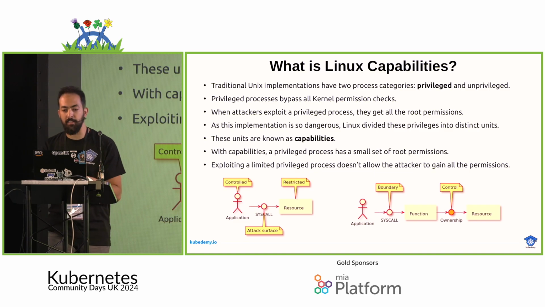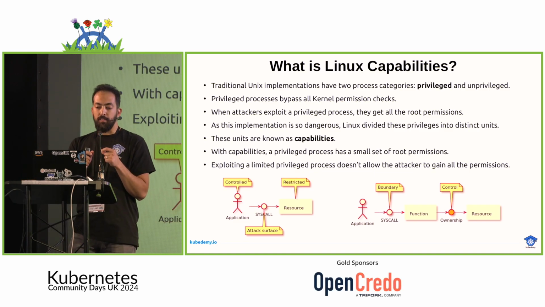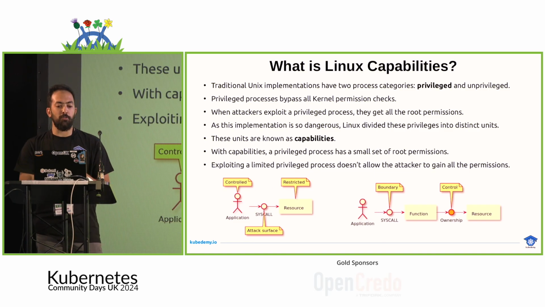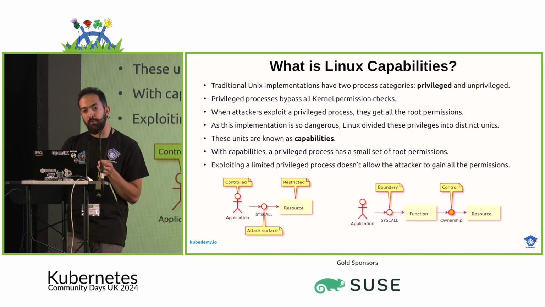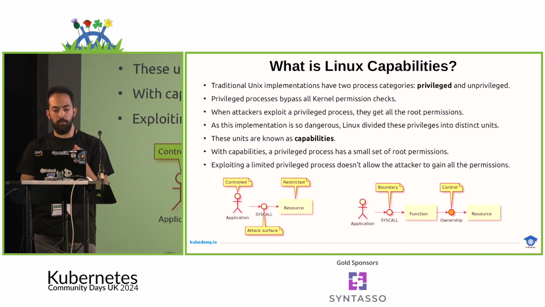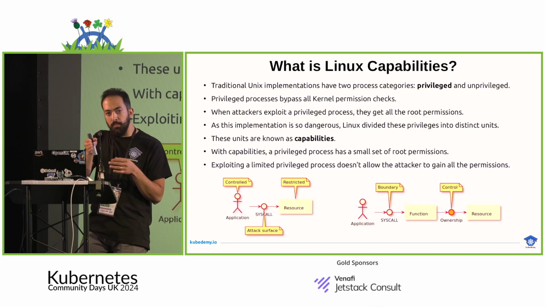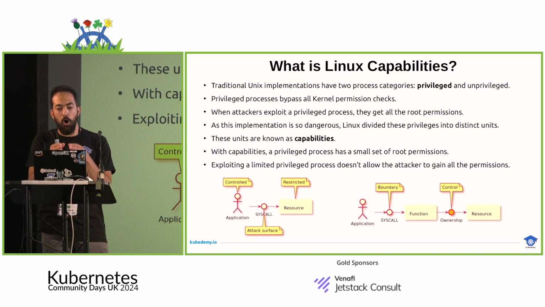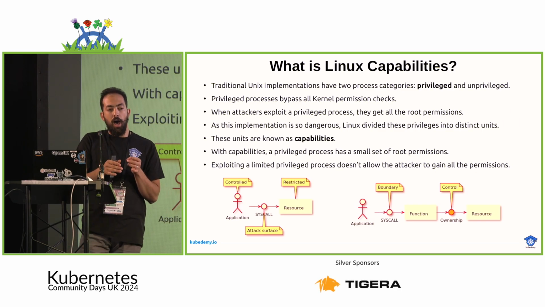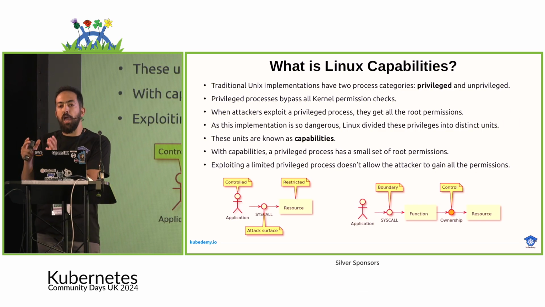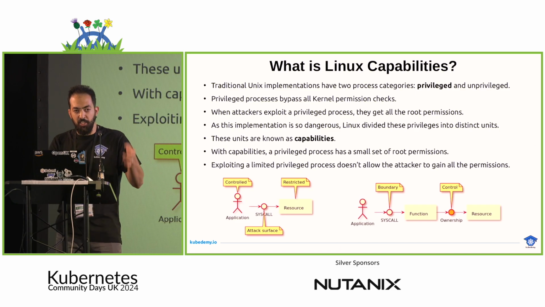Because of that, the community started to develop a new feature known as capabilities, to separate the privileges and the boundaries of the capabilities we have within the kernel.